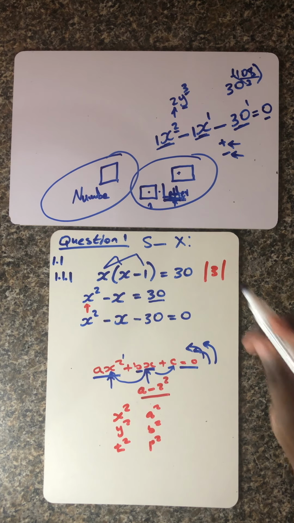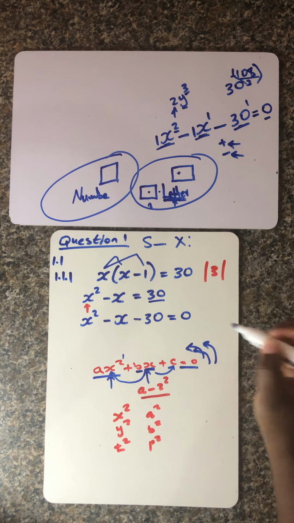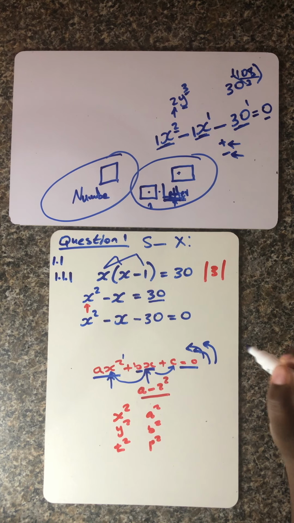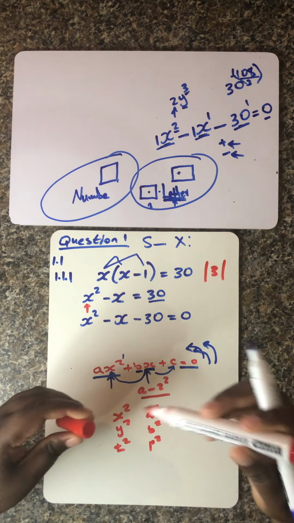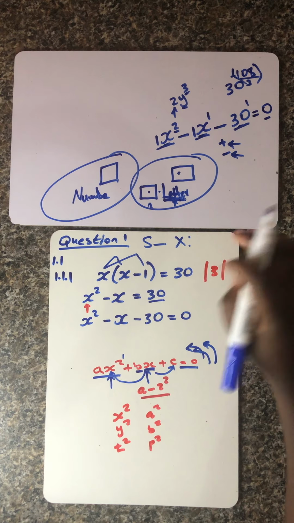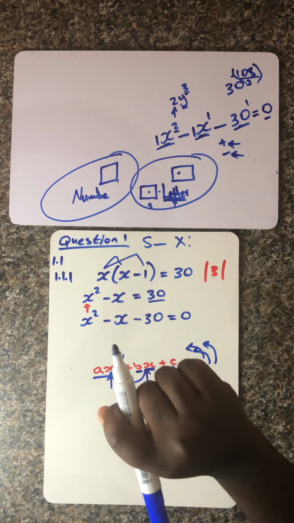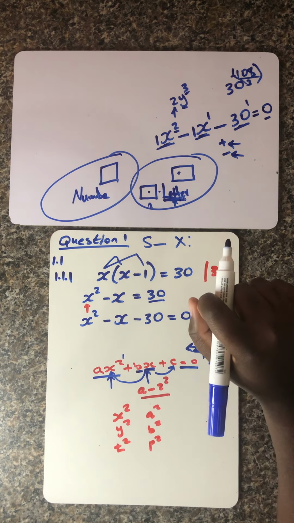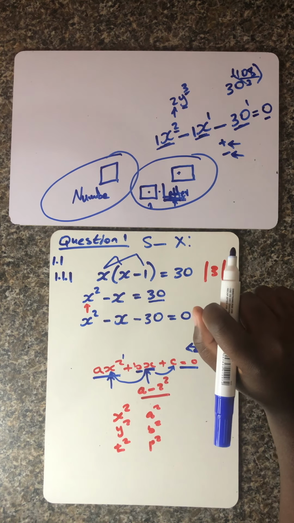Okay, if you don't understand why it's being equated to 0, you should ask yourself this type of questions. If you're not able to answer yourself, ask your mentor, ask your teacher, ask your tutor, ask whoever is assisting you with mathematics. Okay, very, very much important, ladies and gentlemen.